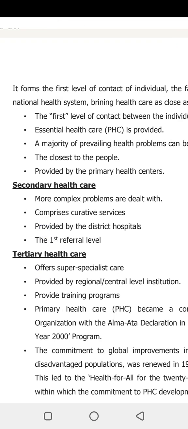So here we have the village health team. They will come and engage themselves with the people in the different communities. They find out what is oppressing you.